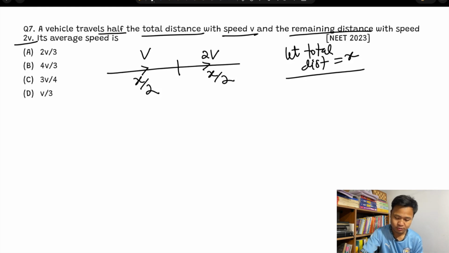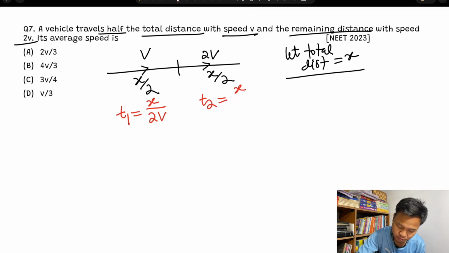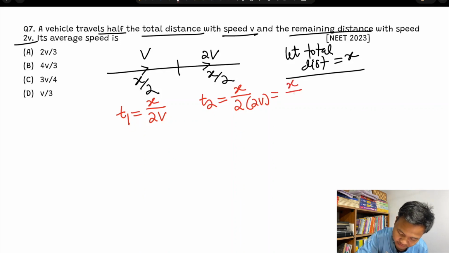Now you know the total distance is x. What is missing is the total time. Let's say initially it takes t1 to travel the first half. t1 is x by 2 divided by v, so x by 2v. Let's say it takes t2 to travel the next half of the total distance: x by 2 divided by 2v, that is x by 4v.